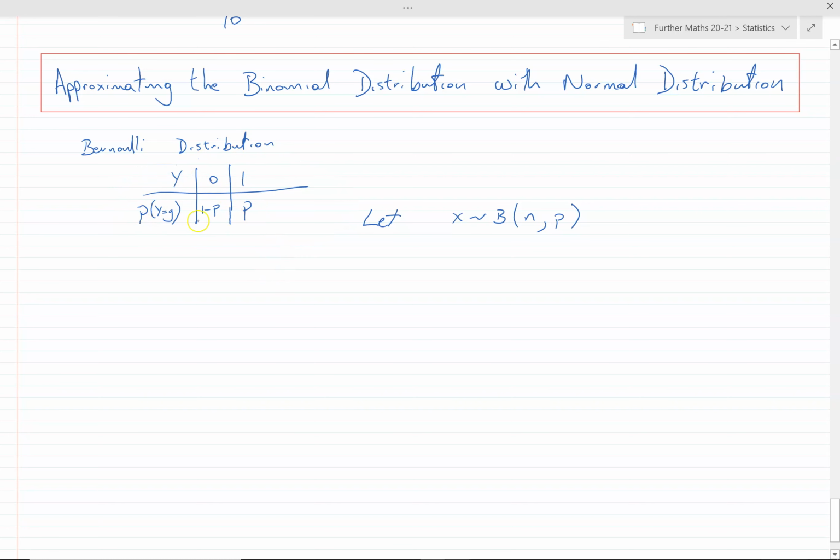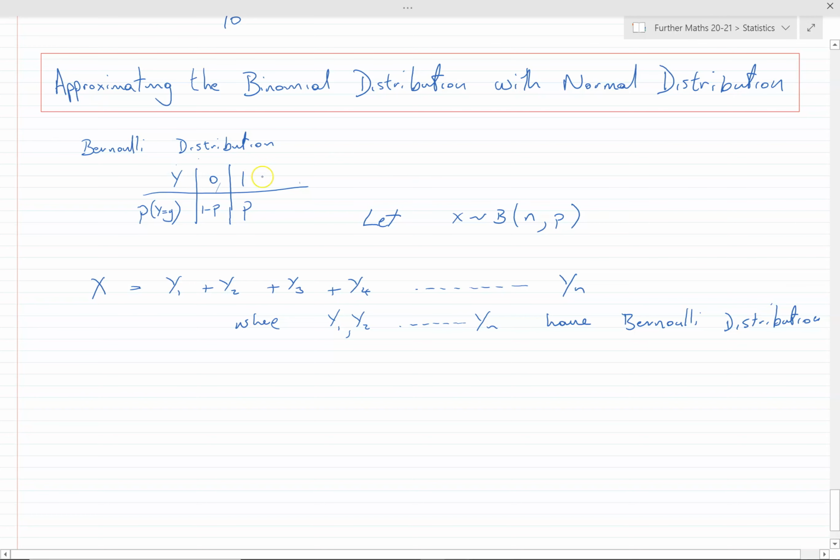So if we do this n times, if we take n samples of this distribution and call it X, say, X equals Y1, Y2, Y3, Y4 up to Yn, where Y1 up to Yn have the Bernoulli distribution, then basically, if you think about it, this is going to be the binomial.